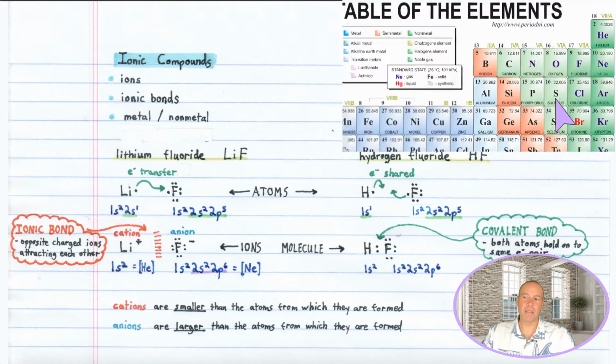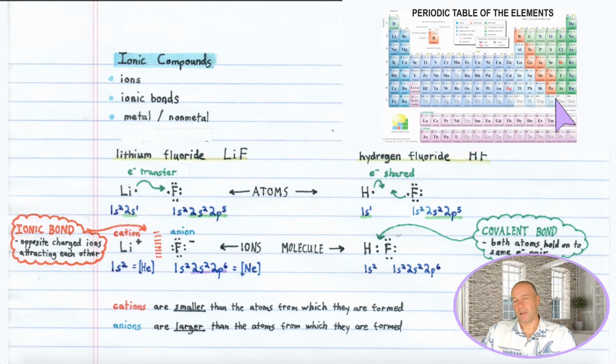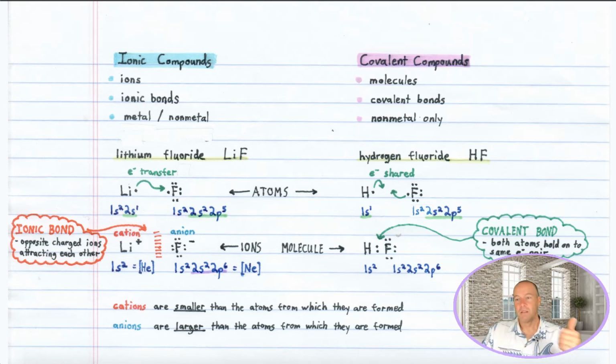So you see that bonding principle at work. Atoms like to gain, lose, or share electrons in order to attain the same number of electrons as a noble gas has. So hydrogen becomes like helium, and fluorine becomes like neon, and that's the bonding principle.